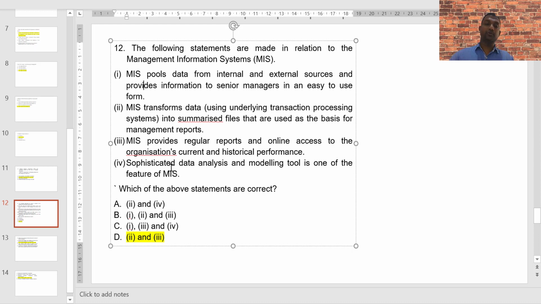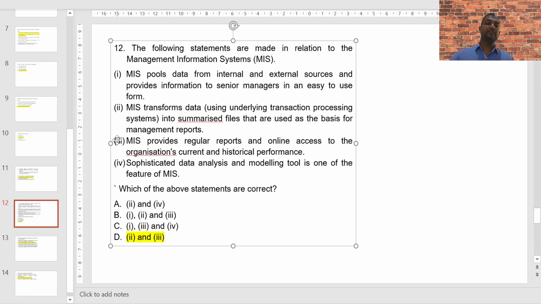The first statement and the fourth one are not completely correct, but if you really look at the overall system, all these features will be available in a system. But the MIS tool is only focusing on the second and the third statement. This is what the MIS tool is doing. If you look at a software, it will have MIS capability, decision support system capability, and data analytics capability, everything will be there.